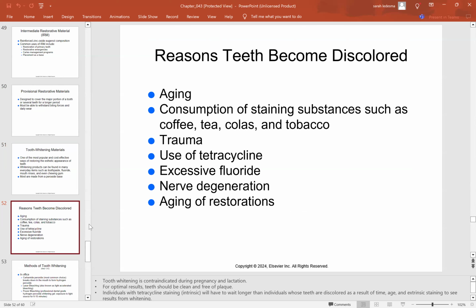Teeth can be discolored from aging, using substances such as coffee, tea, colas, and also tobacco. Trauma can cause discoloration, as can tetracycline. An excess of fluoride could create some discoloration, as can nerve degeneration and aging restorations.